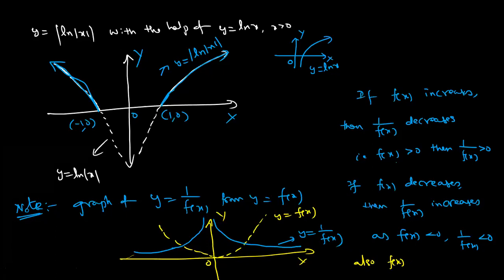If f of x is tending to 0, then 1 by f of x tends to what? Anyone? f of x tending to 0, then 1 by f of x tends to infinity. Yes, correct. So please add this point.